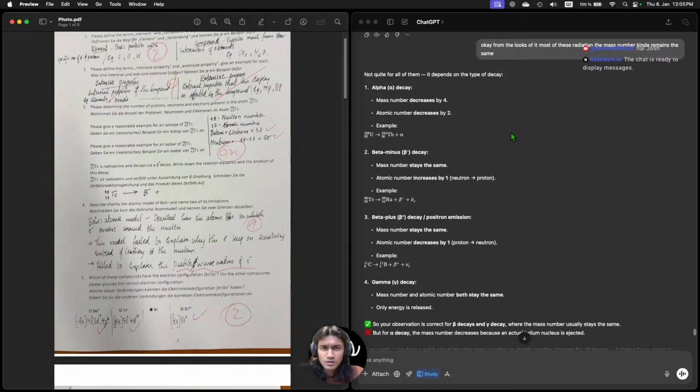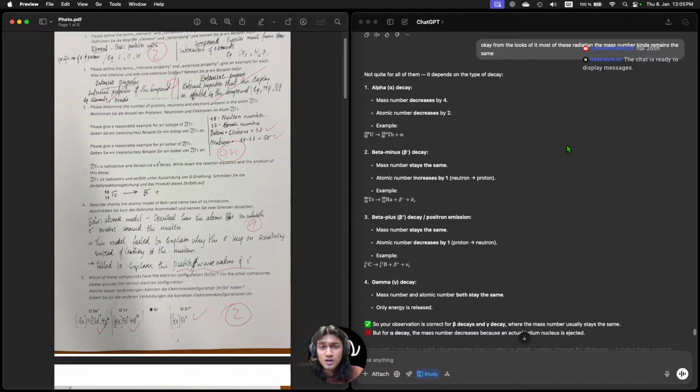How? Neutrons, protons. It's either 4 neutrons or 4 protons, or 2 and 2, or 3 neutrons and 1 proton, or 3 protons and 1 neutron. Atomic number decreases by 2, so it's 2 protons, so it's 2 neutrons.